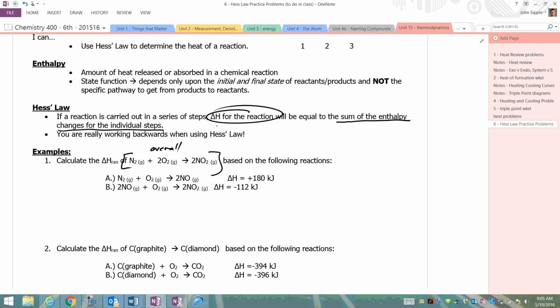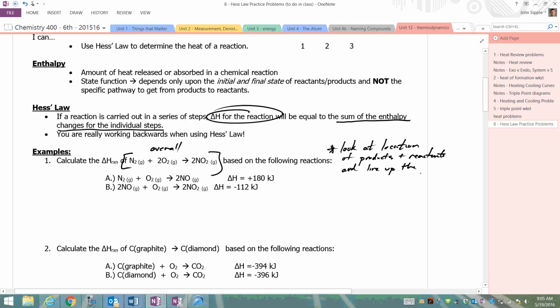So a couple pointers that we want to do here is we want to look at the location of products and reactants and line up the individual reactions accordingly. Okay, so that's one of those things that's going to help us out.